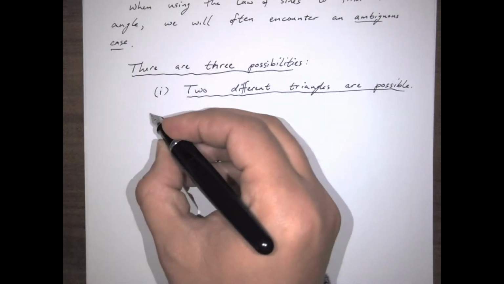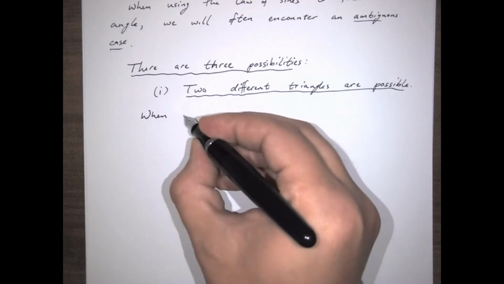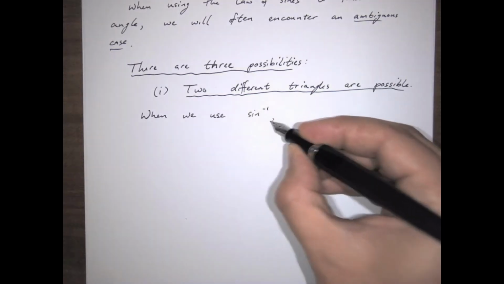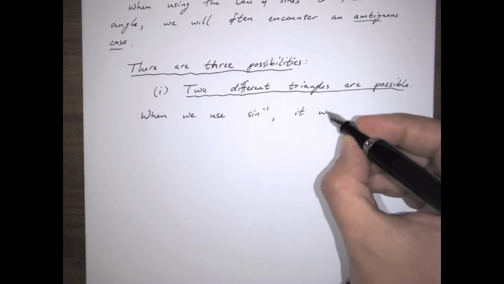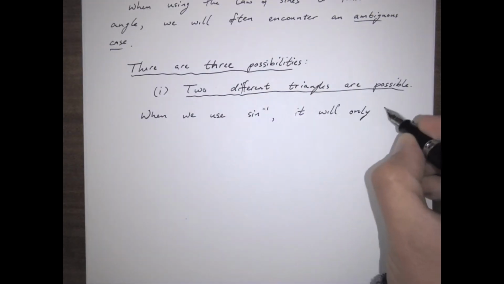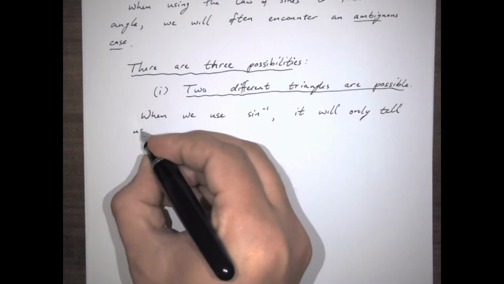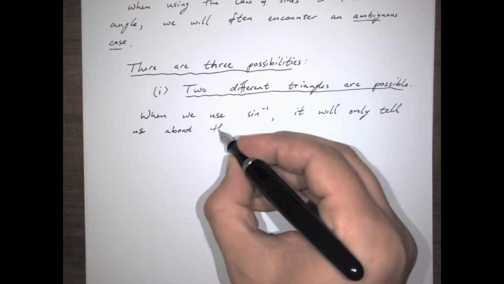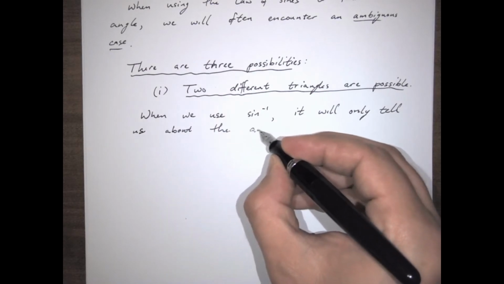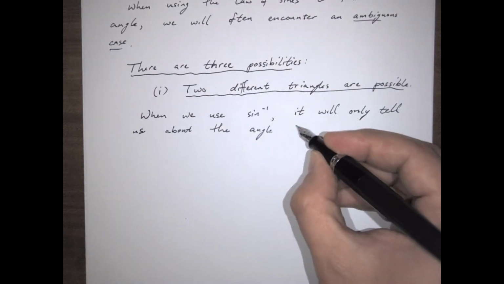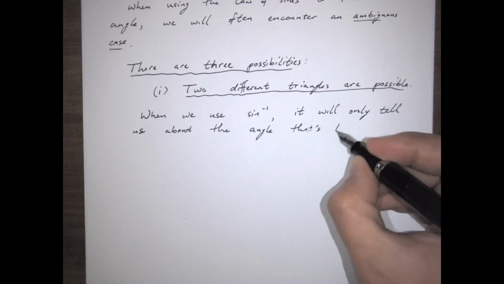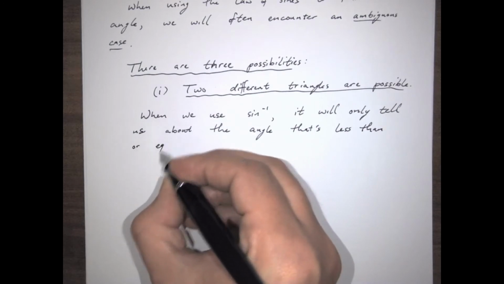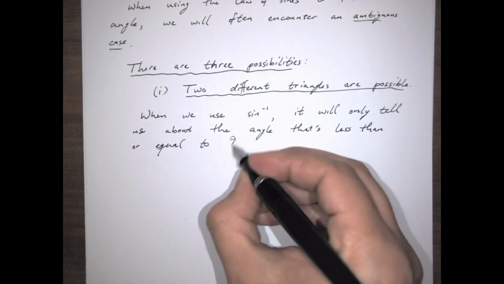So how this comes up is when we use sine inverse, it will only tell us about the angle that's less than or equal to 90 degrees.